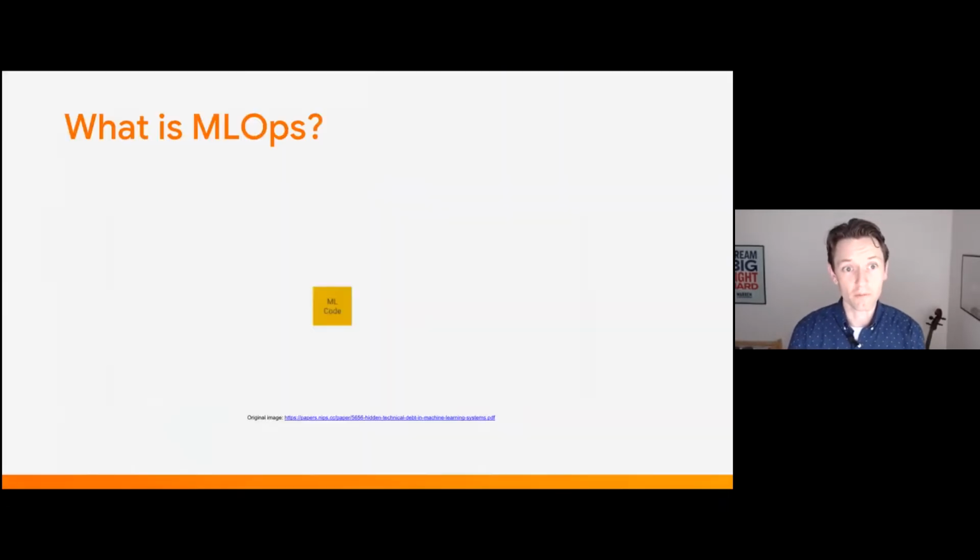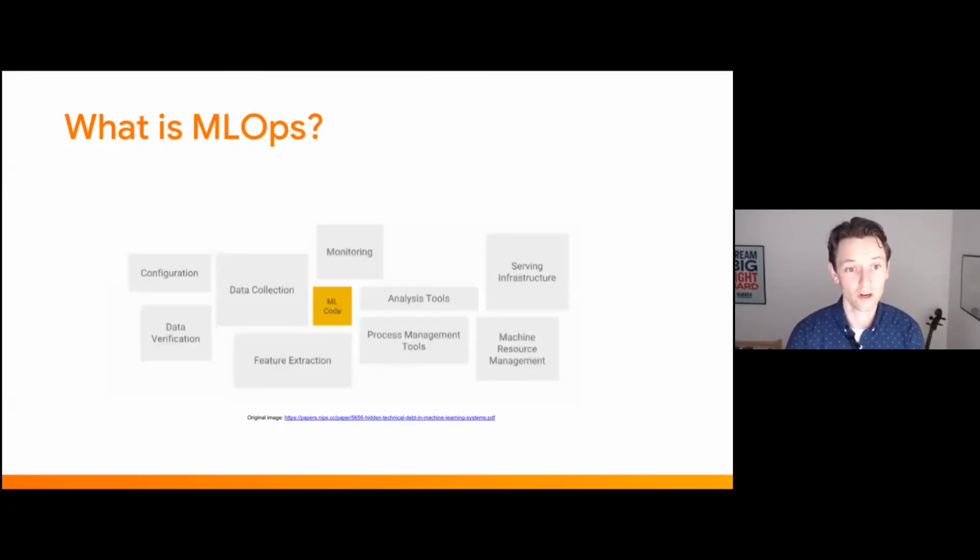When we normally talk about machine learning, we always focus on the machine learning code. As described in the very famous paper on the hidden technical debt of machine learning systems, when we bring our machine learning models to the real world, we need a variety of systems around it. In that case, we're talking about data collection systems.